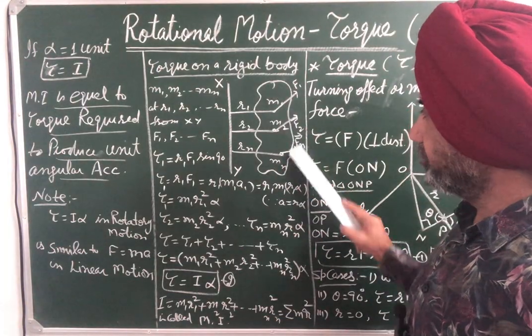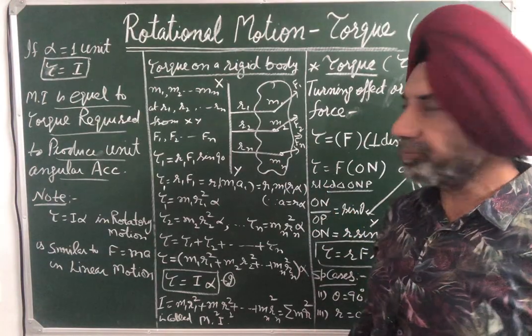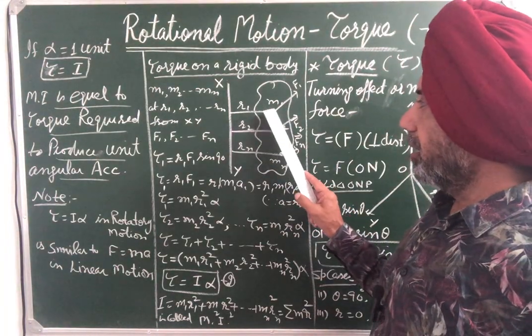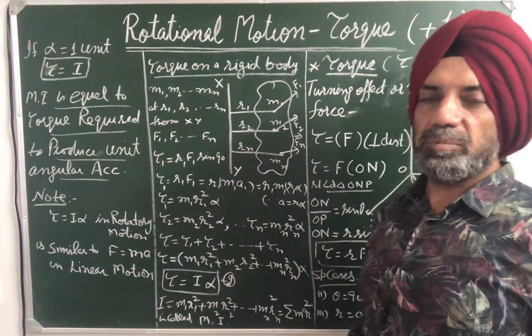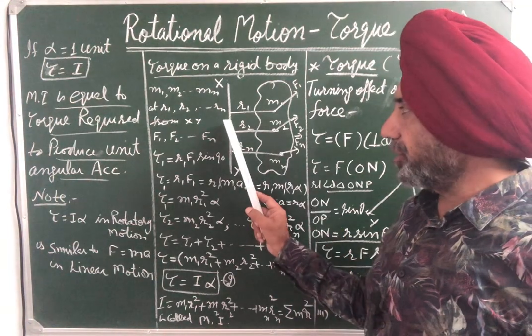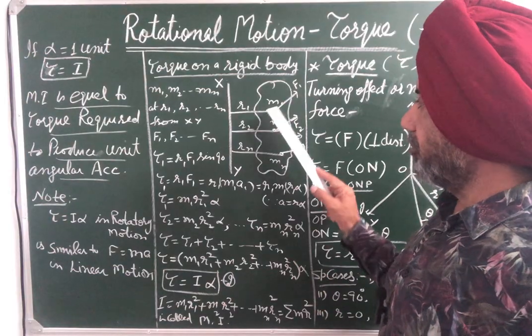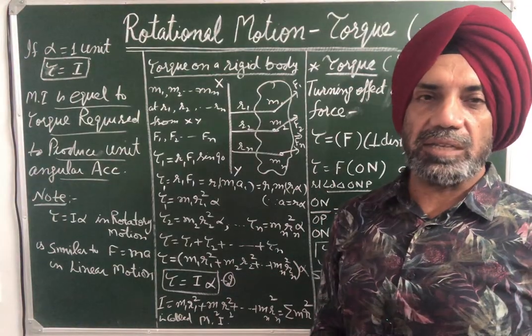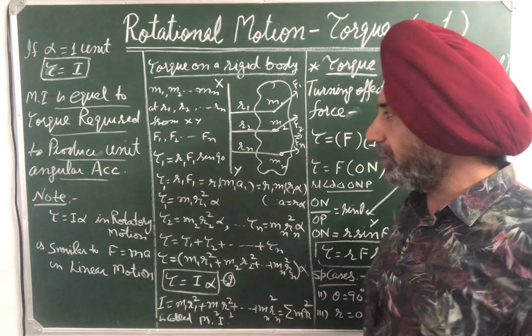Suppose a rigid body has masses m1, m2 and so on up to mn. Let r1, r2 and so on up to rn be the perpendicular distances of the masses from the axis of rotation respectively. Let F1, F2 and so on up to Fn be the external forces acting upon the masses m1, m2 and so on up to mn respectively.